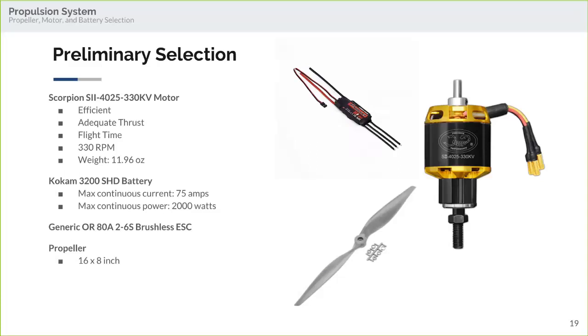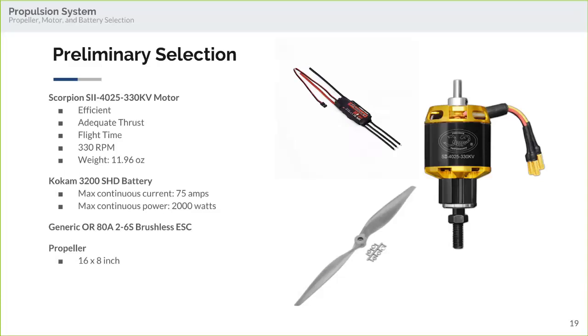For the battery, we went with the CoCam 3200 SHD battery, with a max continuous current of 75 amps and a max continuous power of 2,000 watts. For the ESC, we went very simple, enough to get the job done, which was the generic OR88 6S brushless ESC.